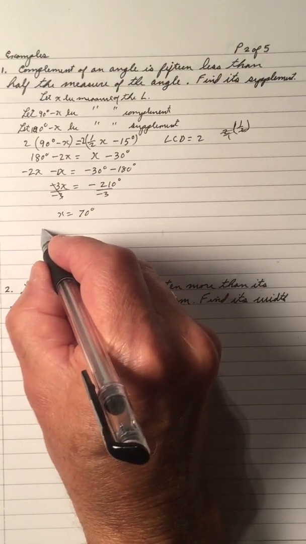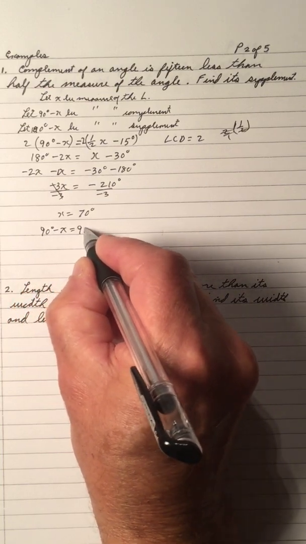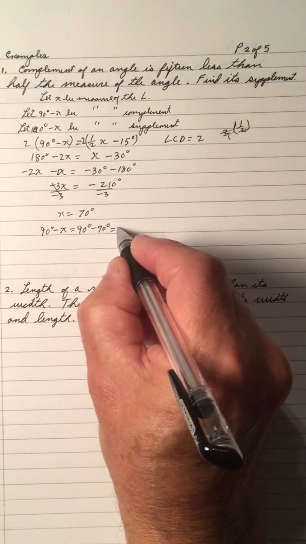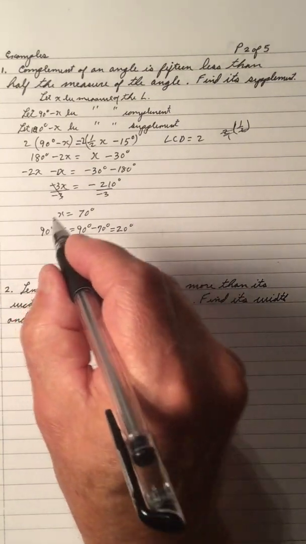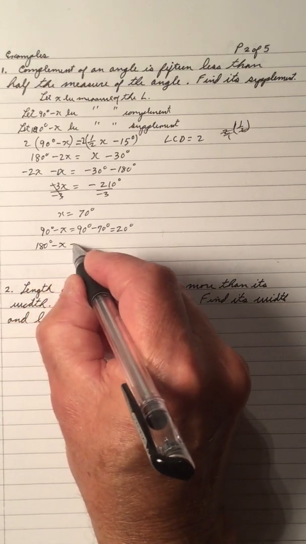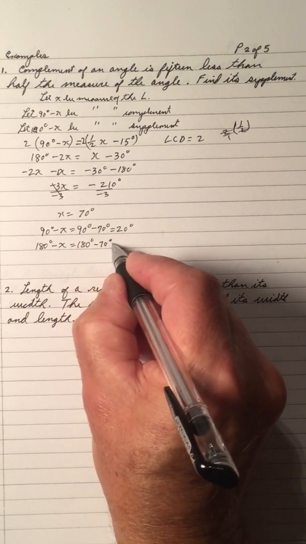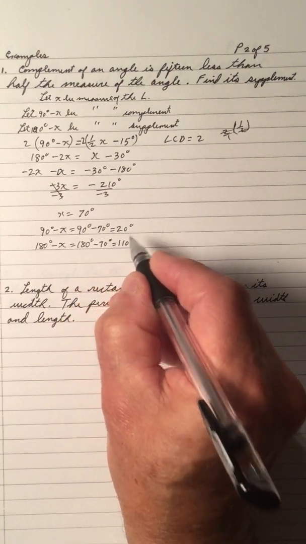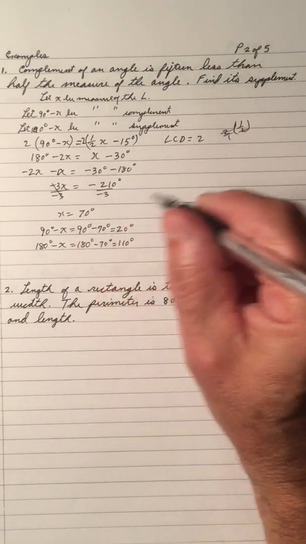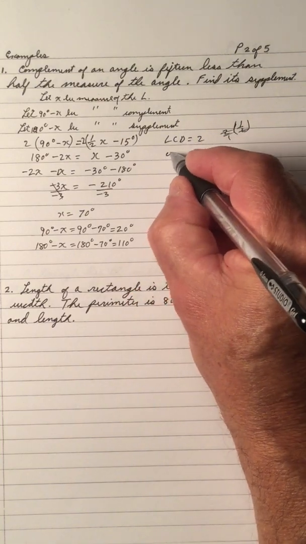So x is 70 degrees, so its complement is 90 minus x, which is 90 minus 70, so that's 20. And 180 minus x, 180 minus 70 is 110. So we have the answer. The answer to the problem is the supplement is 110, but let's check to make sure.